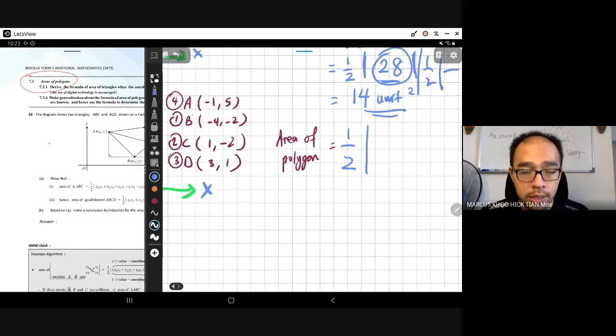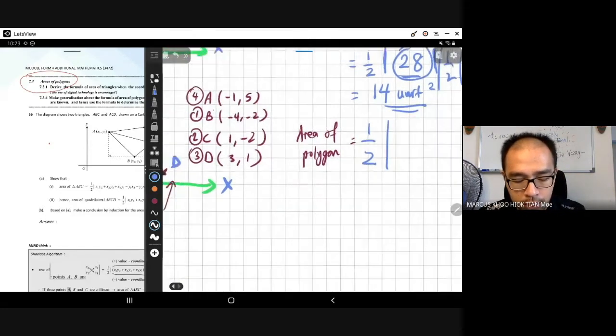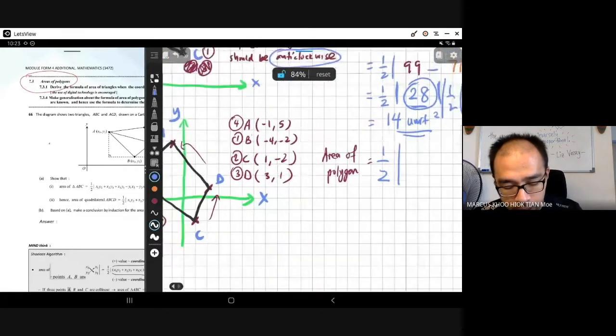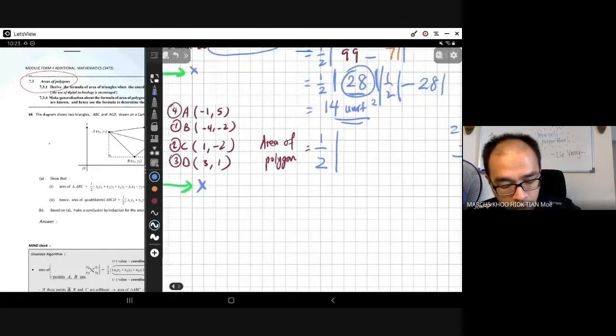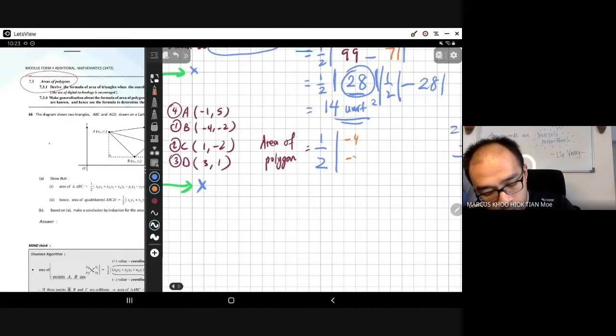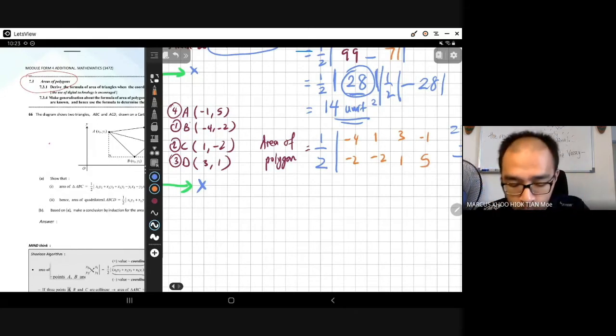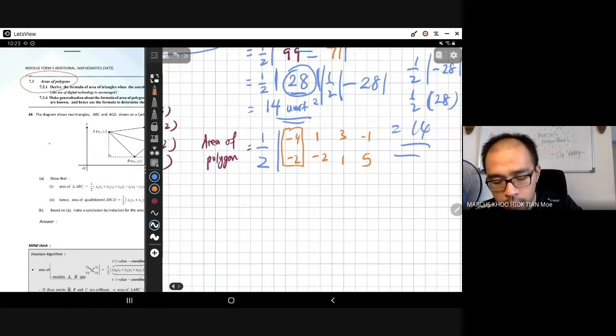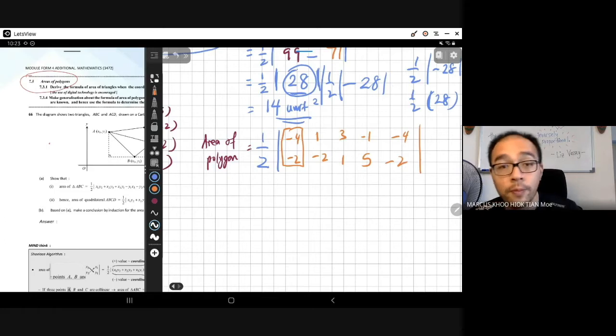We arrange BCDA first: B is -4, -2, C is 1, -2, D is 3, 1, A is -1 and 5. And don't forget, we must repeat the first one again, so -4 and -2.